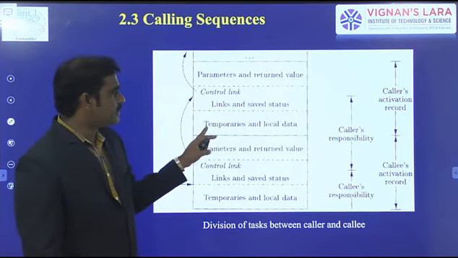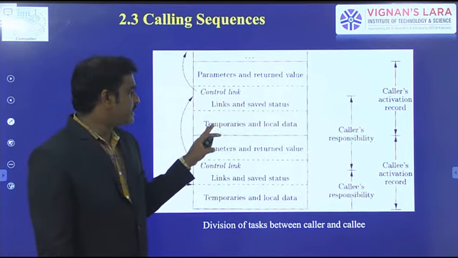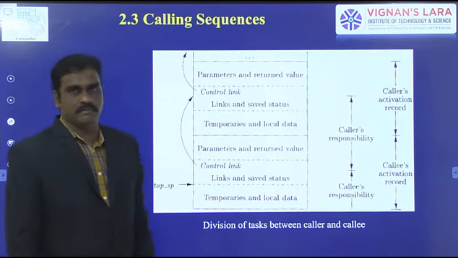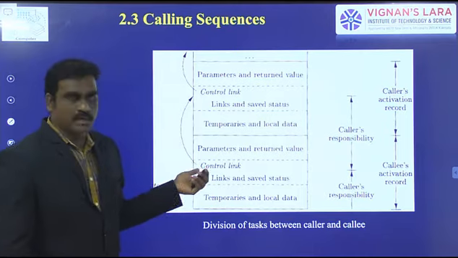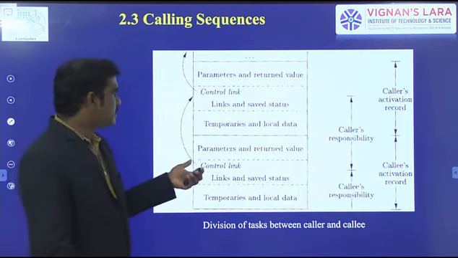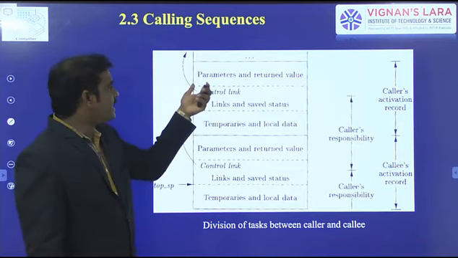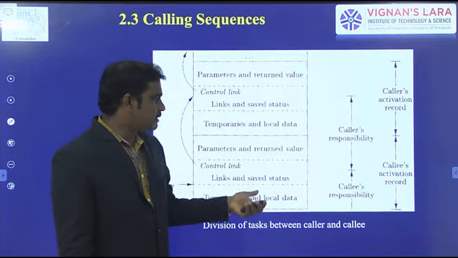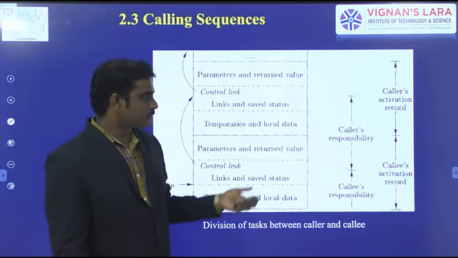In the same way here, in the caller's activation record, we take the parameters, temporaries and local data, control link, and return values. So what is the purpose of the control link? It links one activation record to another activation record. So this is linked to this one, again this one linked to the previous one, like that. So these are the caller's responsibility.